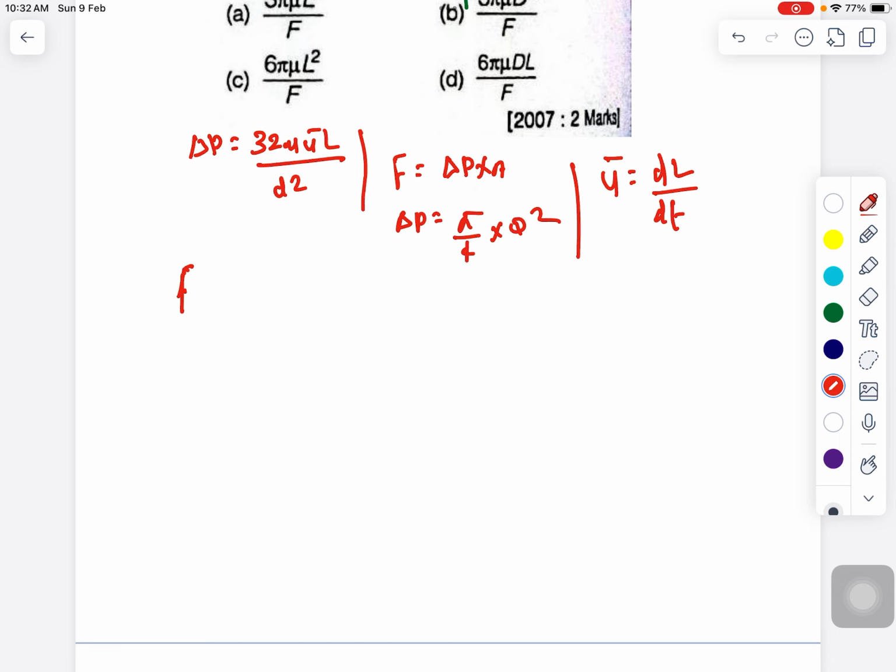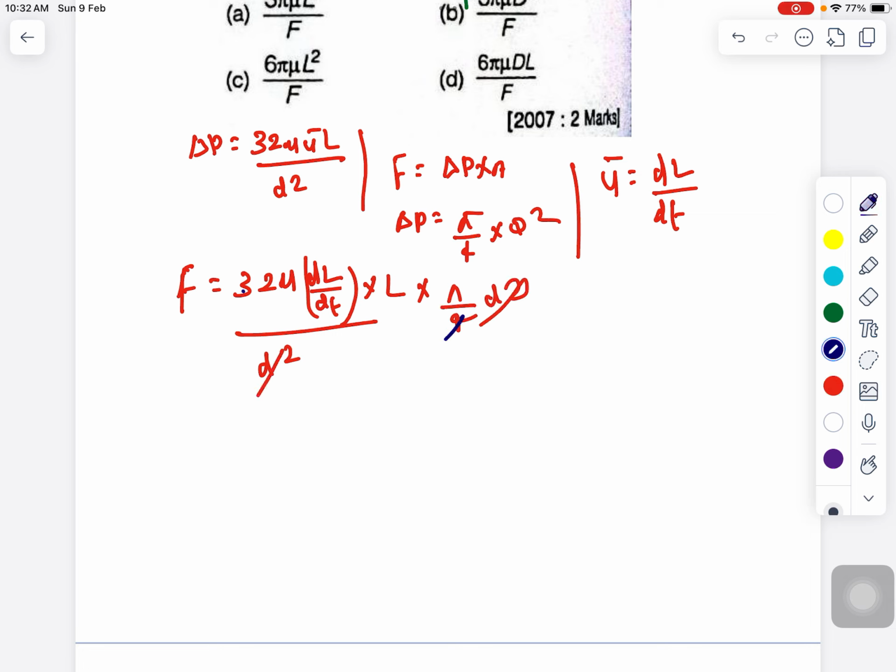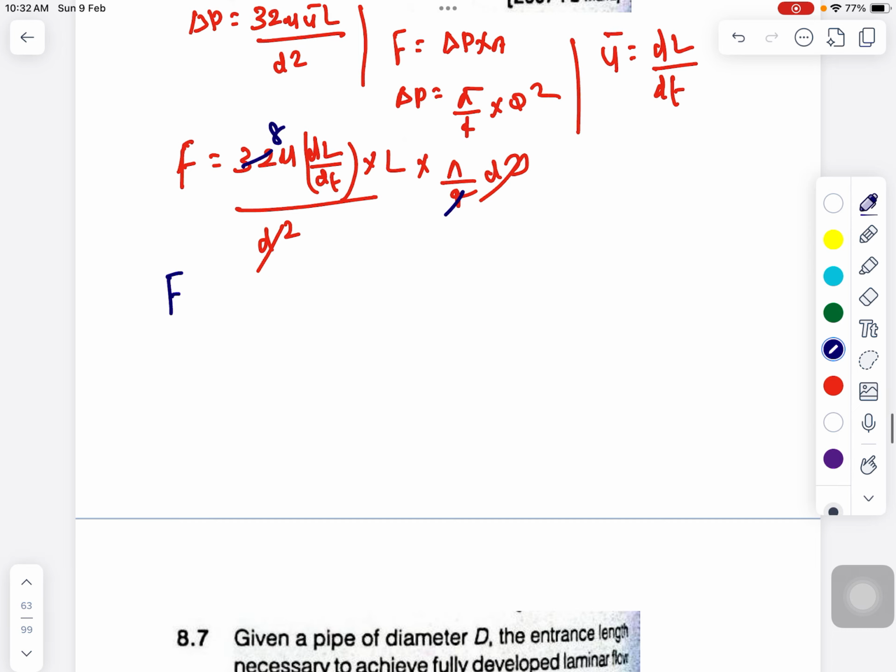So now let's try to calculate F, that is equal to ΔP: 32 μ and dl by dt into L divided by d square, into area, which is pi by 4 d square. So this will get cancelled out, and again 4 into 8 will get cancelled out. So finally force you will be getting 8 pi μ dl by dt into L.